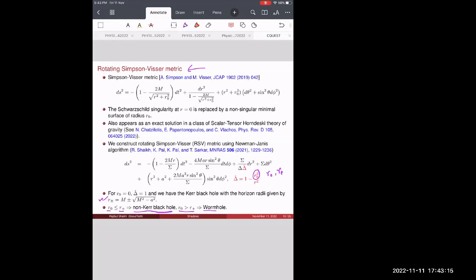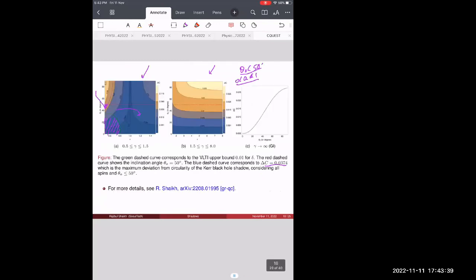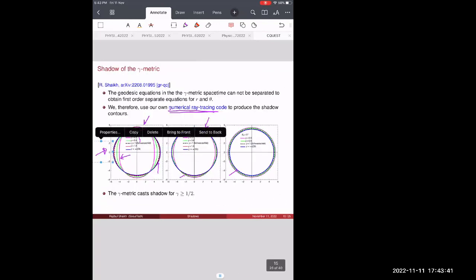I have one question. Maybe you have discussed it, but can you distinguish between a mimicker and a different theory than GR? Suppose the second mimicker, say this gamma metric, is a vacuum solution in GR.